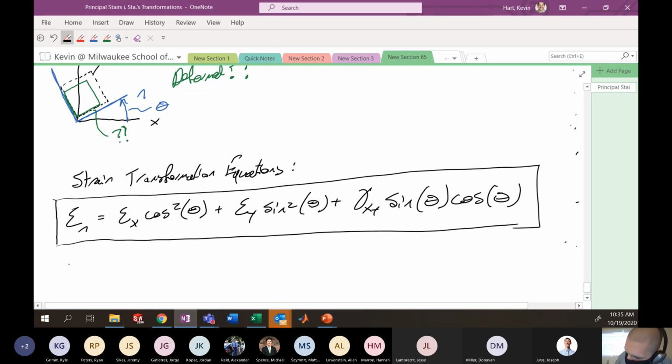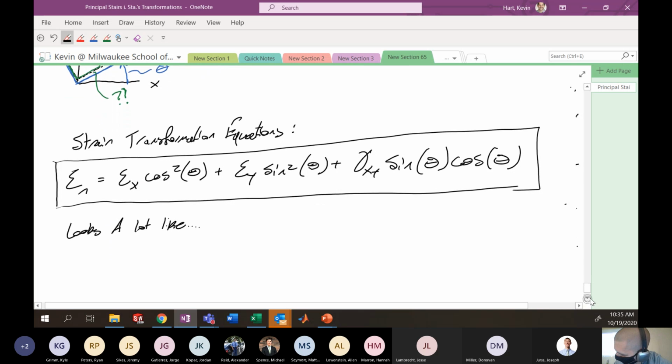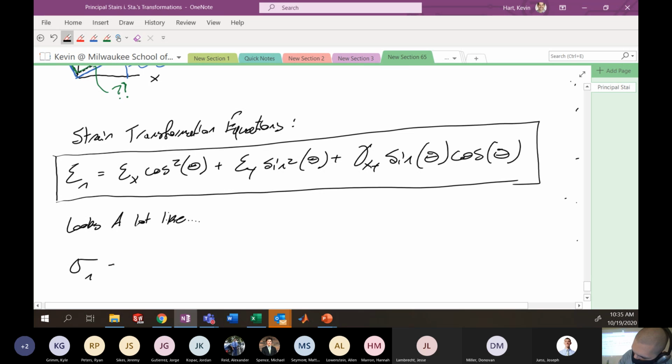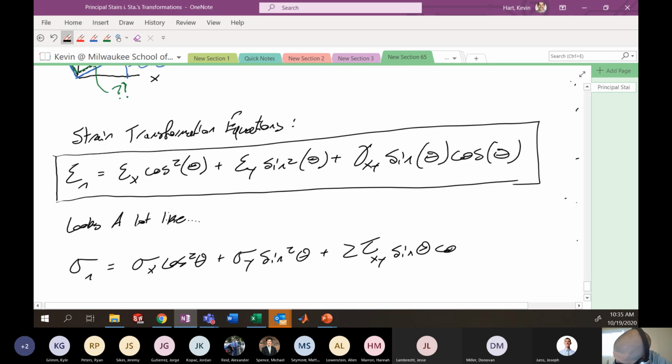This looks a lot like your stress transformation equation, which, if you recall, is the following. Okay.